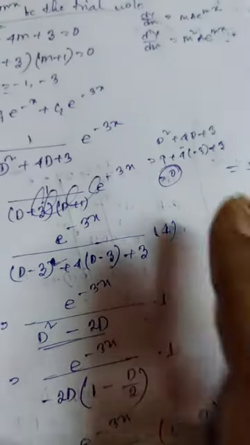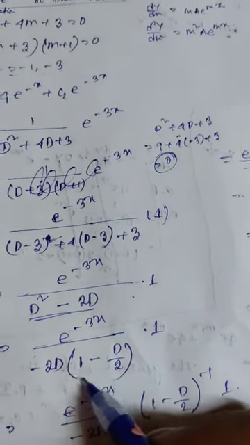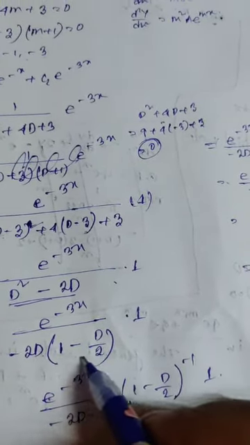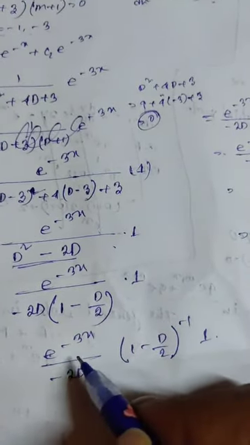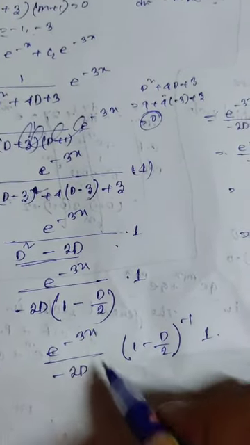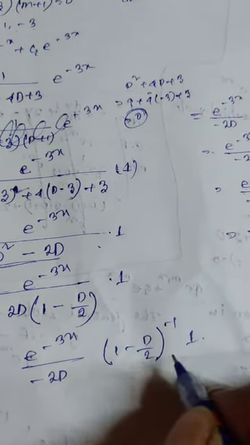So how can we solve it? Here we will take common minus 2D, and if we take minus 2D, we will get 1 minus D by 2, of 1. And now we can write it this way: e to the power minus 3x divided by minus 2D into (1 minus D by 2) whole inverse.